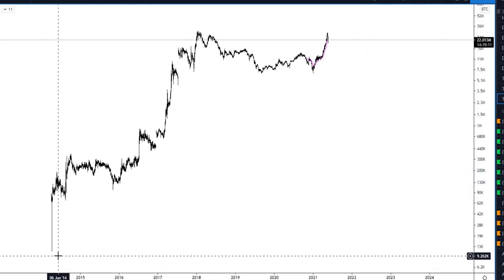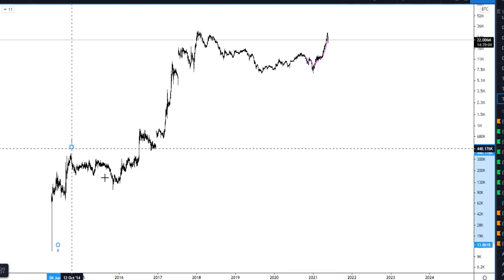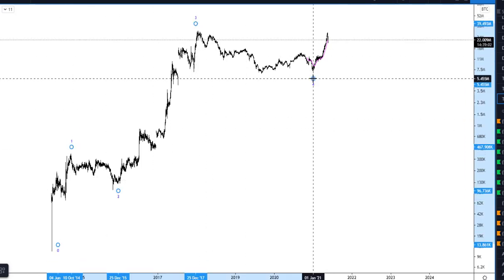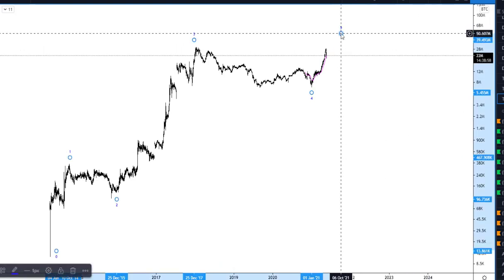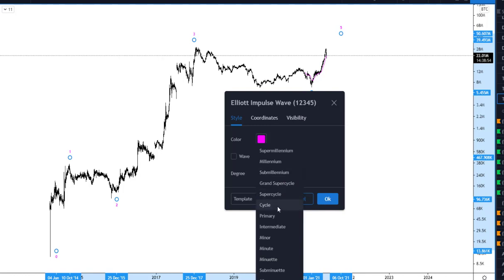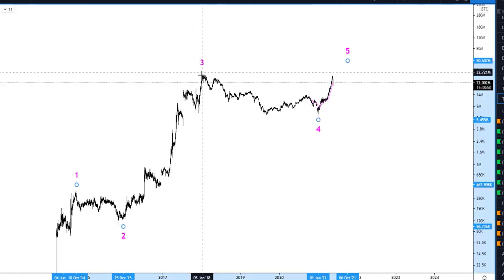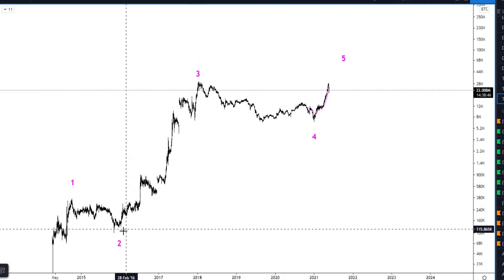It goes back to 2014, and I much prefer this altcoin dominance chart compared to the Bitcoin one, because on this one the Elliott wave structure is just so much more clear than on Bitcoin. So we have this gigantic Elliott cycle in 5 waves.